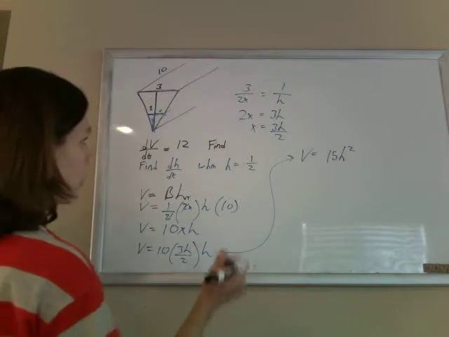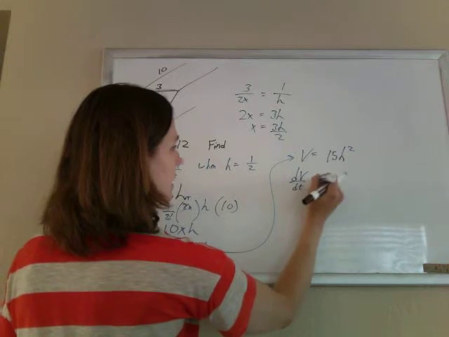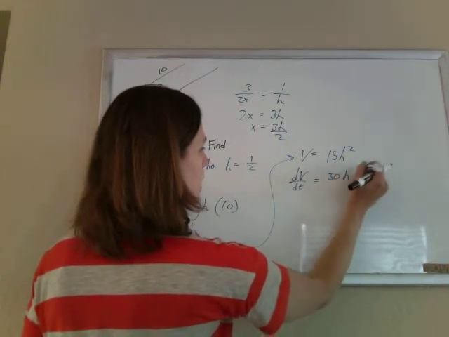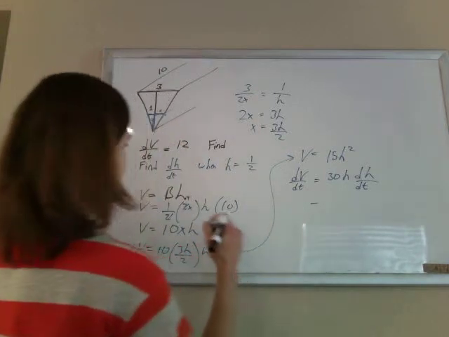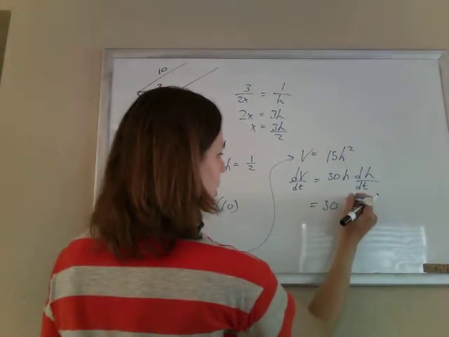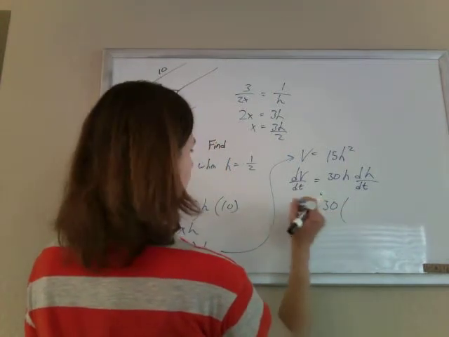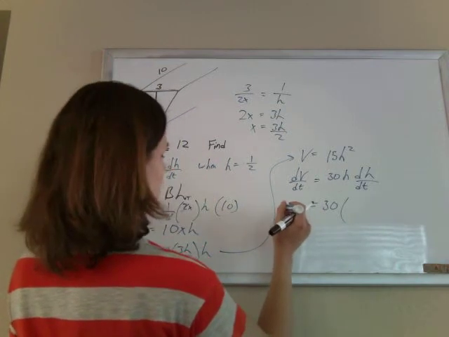And now I want to find dV/dt. So dV/dt, just take a derivative, that's 30h dH/dt. And I want to find this when h is 1/2. Oh, I want to find dH/dt. So it's fine.